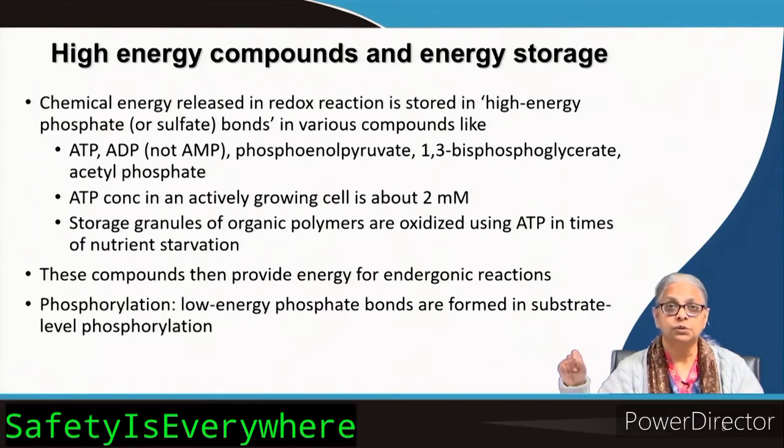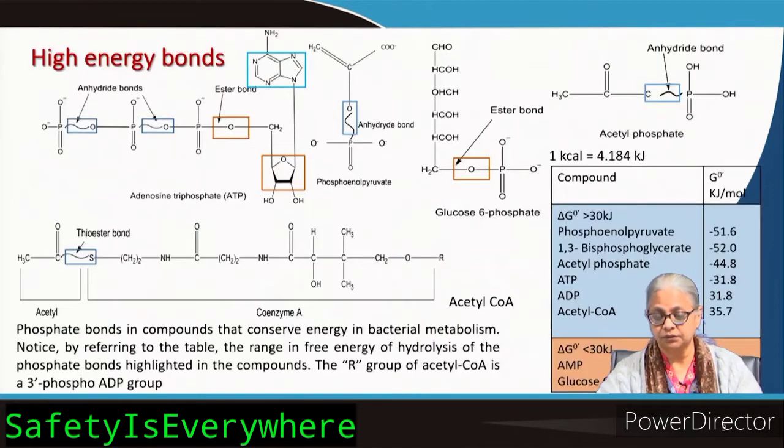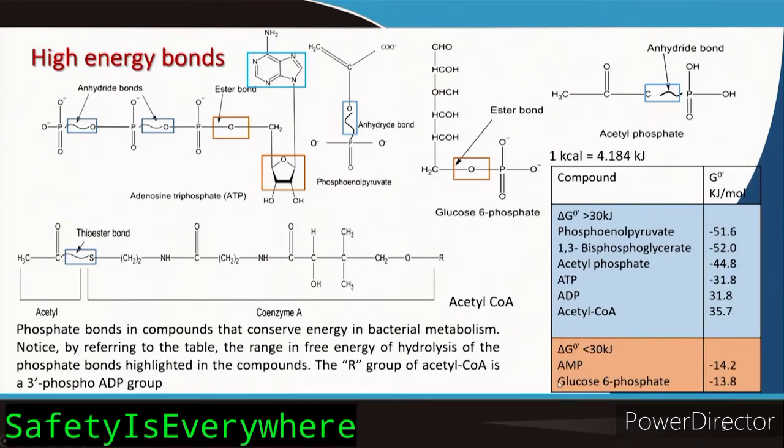So you have glucose 6 phosphate, so that is, I think I have some examples, yes. So in this slide you can see the low energy bonds, they have delta G0 values less than 30 kilojoules. So AMP, adenosine monophosphate, and glucose 6 phosphate are low energy bonds. The high energy bonds are all shown over here. These are anhydride bonds.